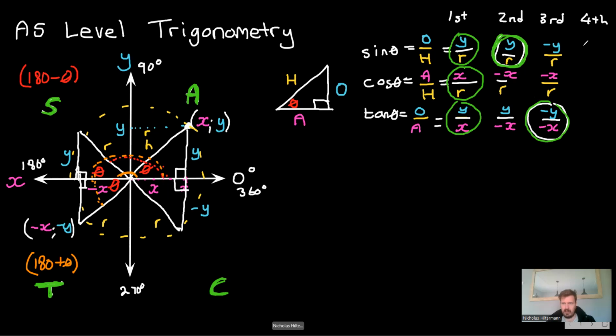And so we have negative y here, the x is positive, and the radius is positive. And so what ends up being positive here is the cos, right? The other two have negative in. And so that's why we have a CAST diagram.